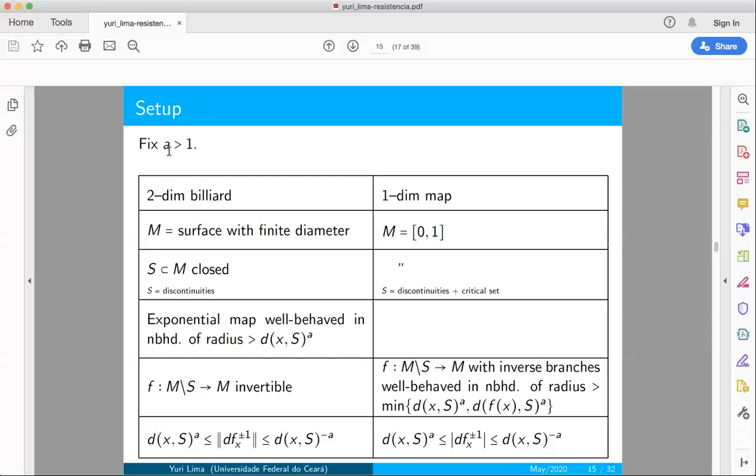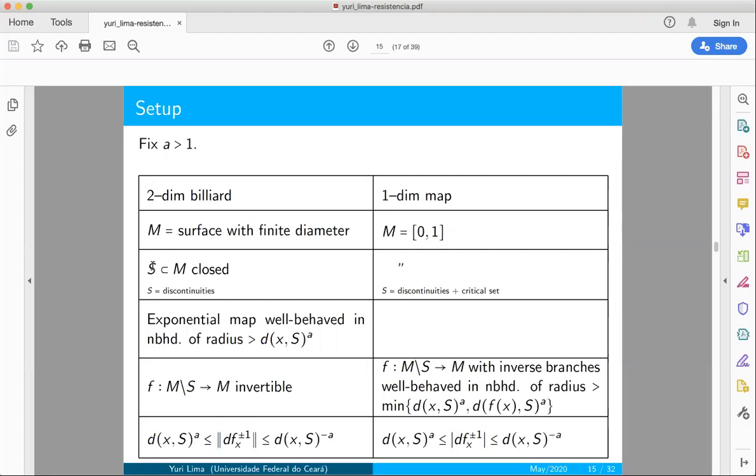So we are going to fix some A, which is bigger than 1. And in the context of two-dimensional maps, of which I only mentioned two-dimensional billiards, we are going to consider a phase space, which is a surface with finite diameter, but I do not require it to be compact. Inside this phase space, we are going to consider a subset S, which will be called the set of discontinuities.